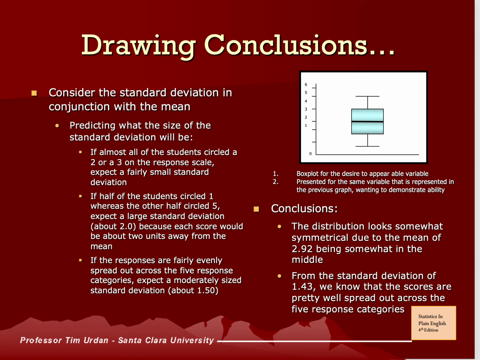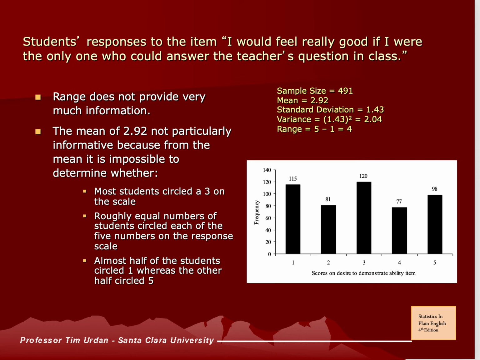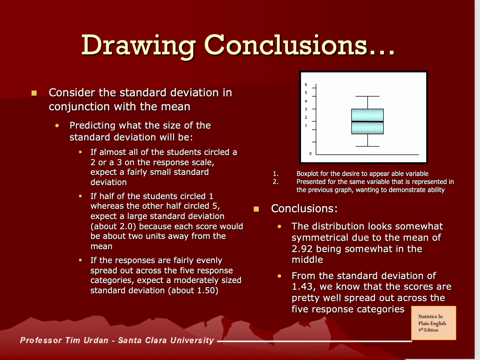So if I want to start drawing conclusions, I want to start thinking about what the sample size was. Based on that sample size, is it reasonable that most people circled a 2 or a 3? Well, the nice thing is I have that visual, and in the visual I'm getting a pretty good idea of what people circled.